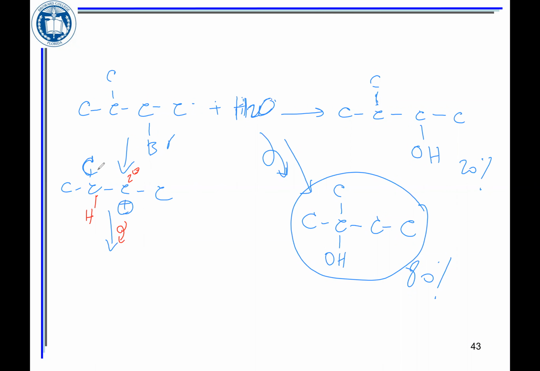So you would get the rearranged carbocation that is forming. The hydride basically moves to the carbon that had the carbocation, and the plus charge moves to the other carbon, changing it to a tertiary carbocation.